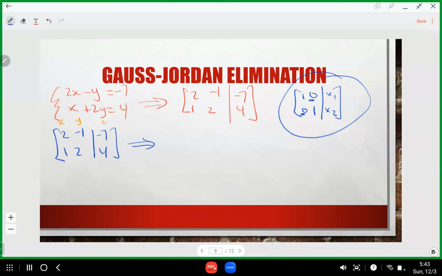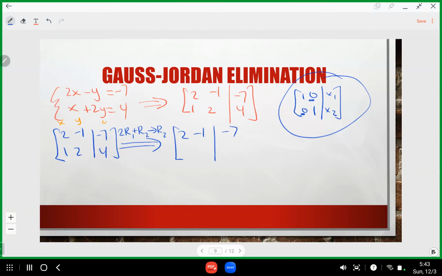So you see -1 here. This is what I think they call a pivot. I'm not sure, but I think I remember they call it a pivot. When you have something that is equal to 1 or -1, it's very easy to manipulate. So let's say we did 2 times row 1 plus row 2 to row 2, and then let's write out the result.